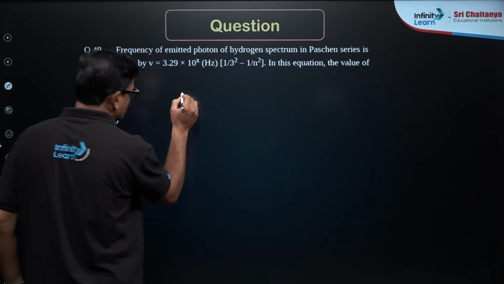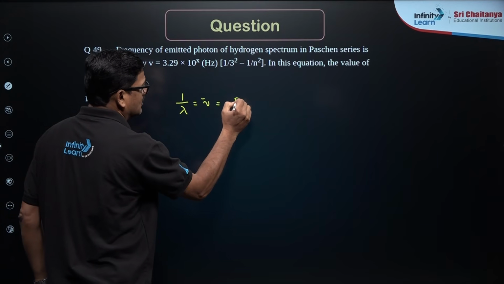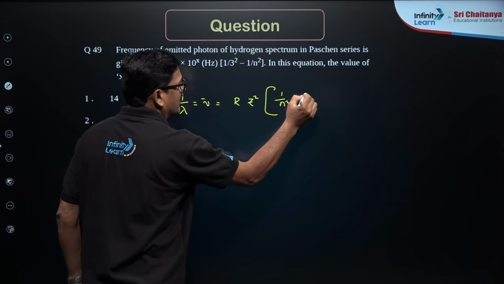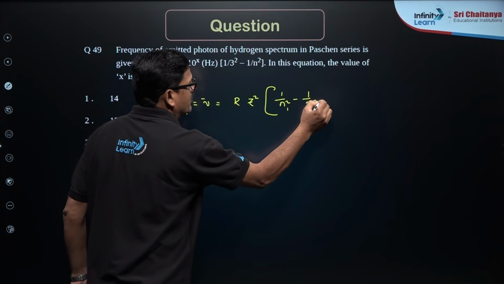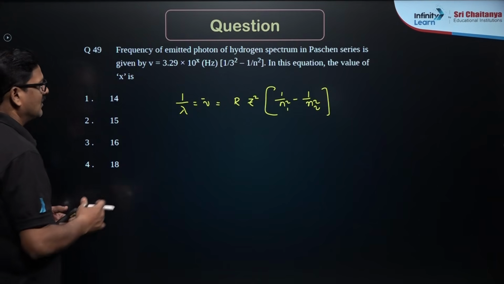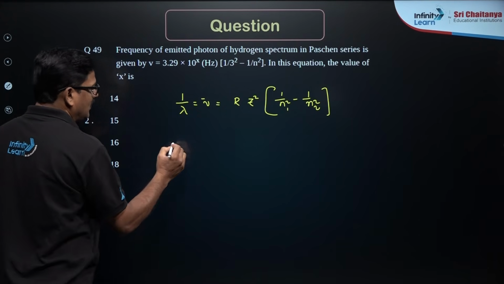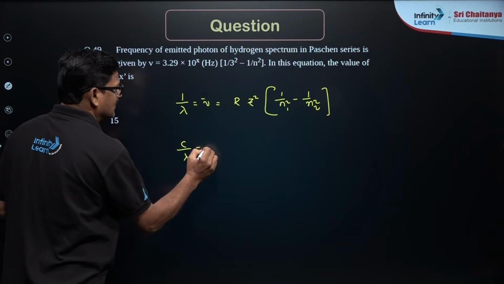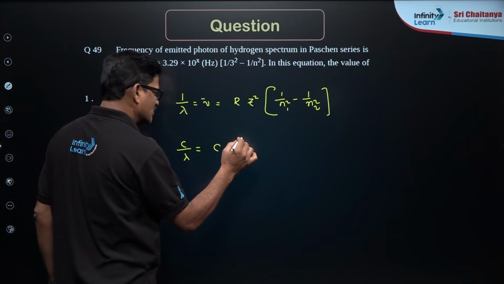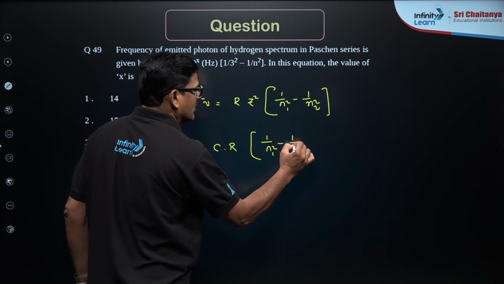So from the Rydberg equation, we can say 1 by lambda is equal to nu bar is equal to R times 1 by n1 square minus 1 by n2 square. You can multiply with c on both sides. So c by lambda is equal to c times the Rydberg constant, R, for the hydrogen atom, into 1 by n1 square minus 1 by n2 square.